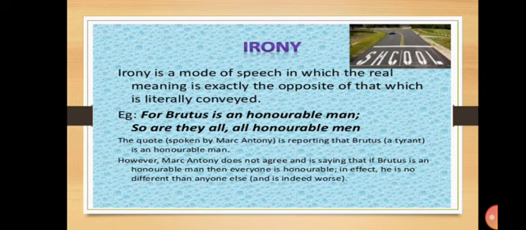Sometimes irony is situational, sometimes irony is verbal. For example, if there is a child who does not study at all, but the teacher says, okay, here comes our topper, right? So that is verbal irony. Everybody knows in the class that this child does not study, but the teacher is calling the child a topper.